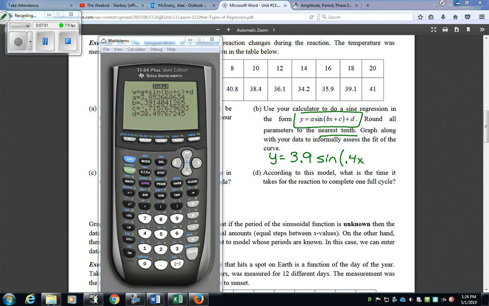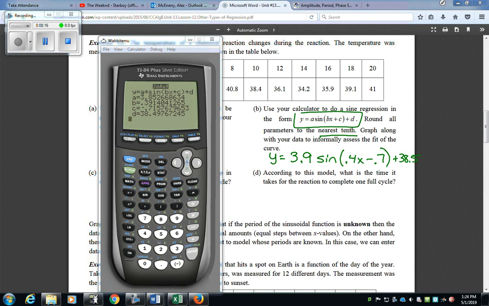X plus, oops, I actually made a mistake. I'm going to change that plus to a minus, because it's negative 0.7, so minus 0.7. And then we have plus 38.5. So there's our regression model.